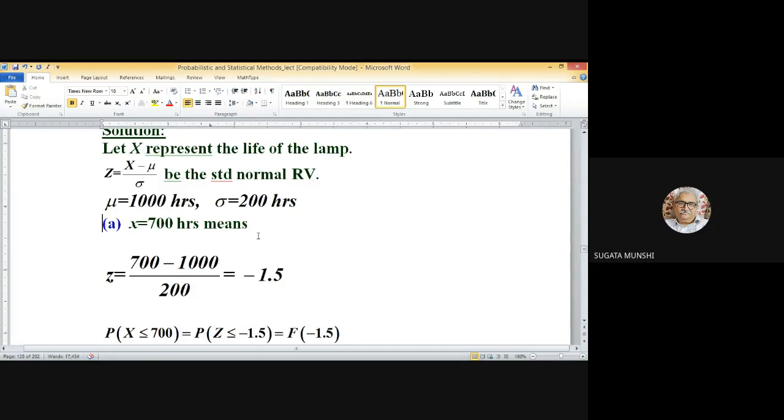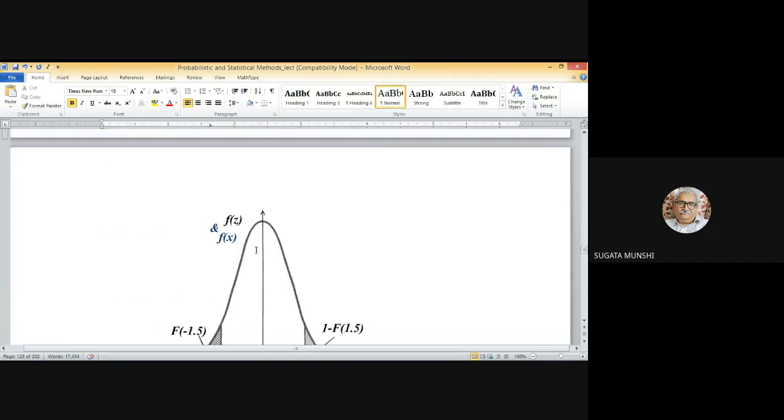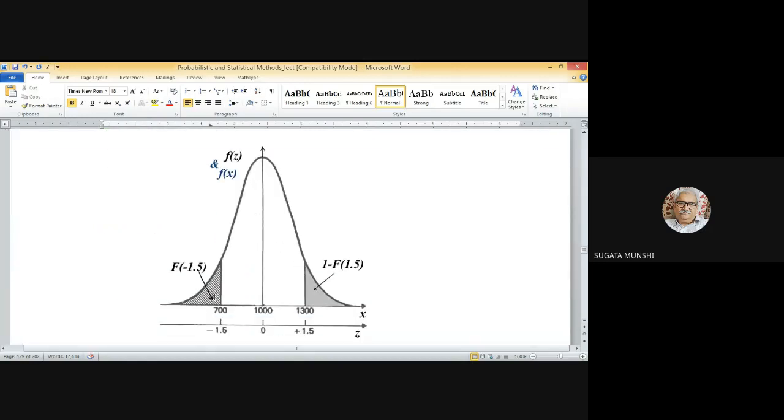If you refer to this curve, you will see that this is the nature of small f of z. You have z equal to 0 here. This is minus 1.5. This is plus 1.5. And you are interested in finding out this area, capital F with argument minus 1.5.